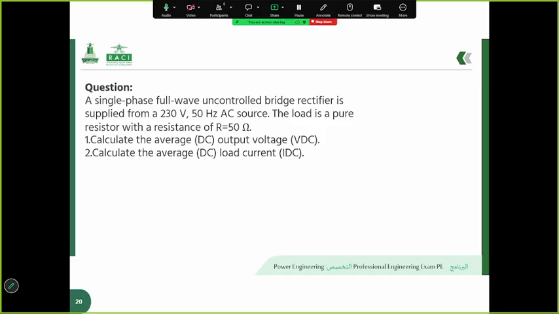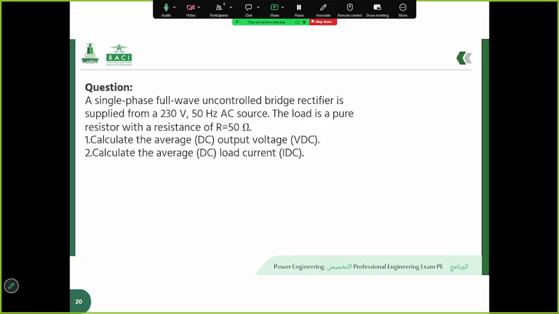The peak input voltage is first determined as Vm equals square root of 2 times 230, which is equal to 325 volt. For an ideal full wave bridge rectifier, the average DC output voltage is given by VDC equals 2 Vm over pi, which results in approximately 207 volt.